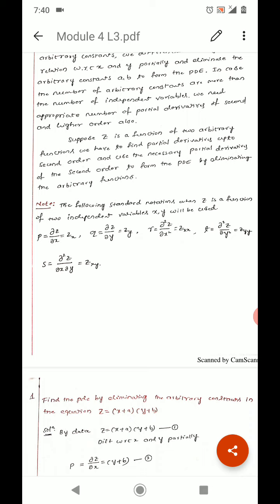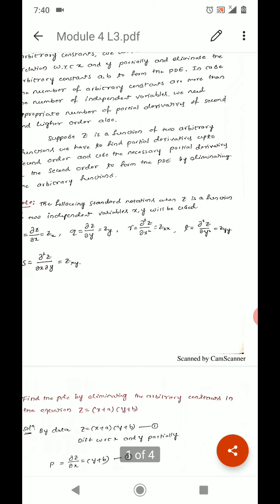And also del z by del y, that means partial differentiation of z with respect to y, is taken as small q or zy, and double differentiation of z with respect to x is taken as r equal to zxx, and double differentiation of z with respect to y is taken as t, small t, or zyy.